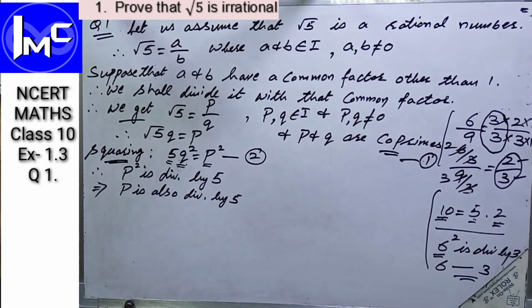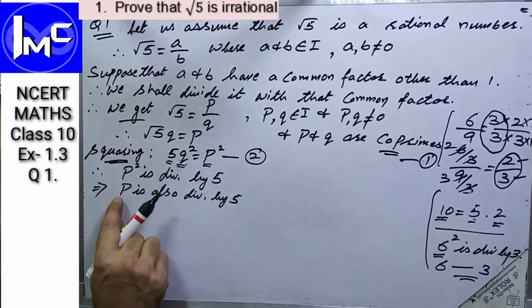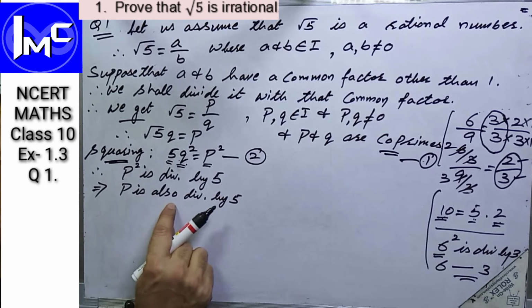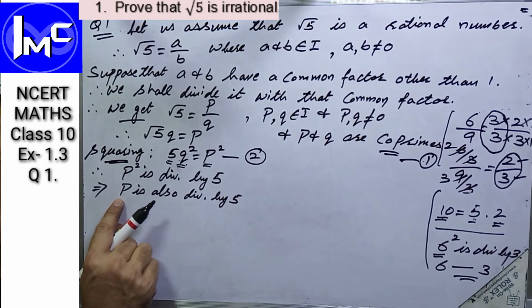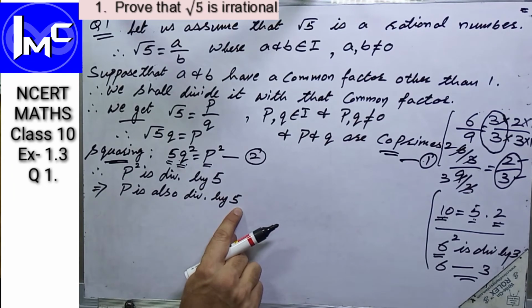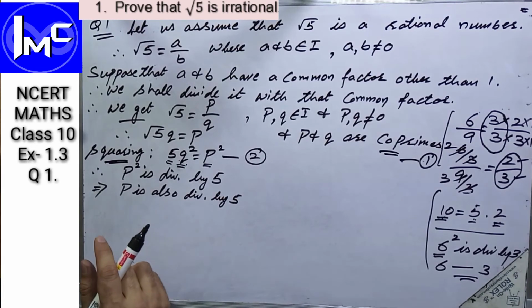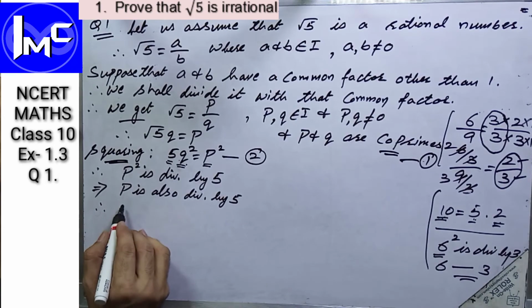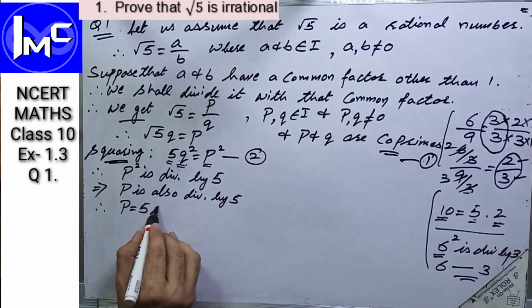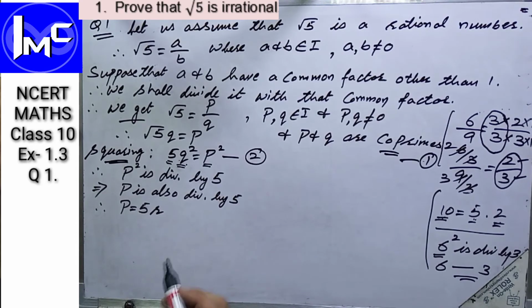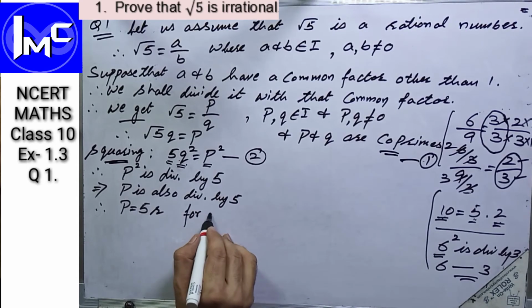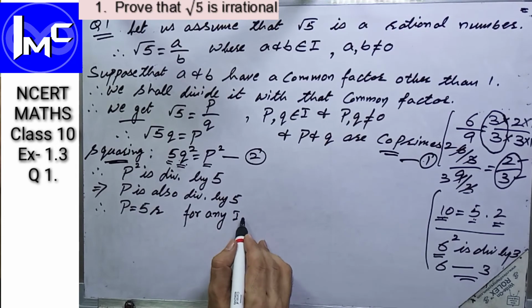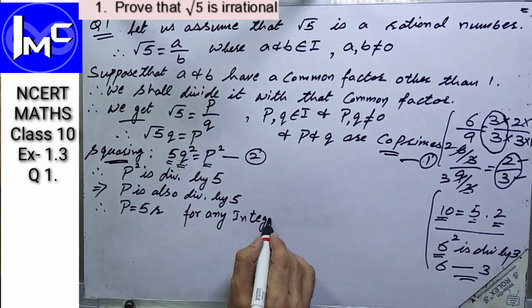And if p is divisible by 5, then 5 is a factor of p. If p is divisible by 5, means p is dividend and 5 is divisor. So 5 is factor of p, and we can write it as, therefore p can be written as 5 into some other number for any integer r.